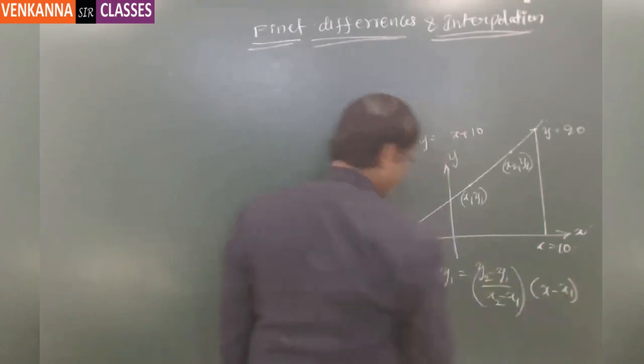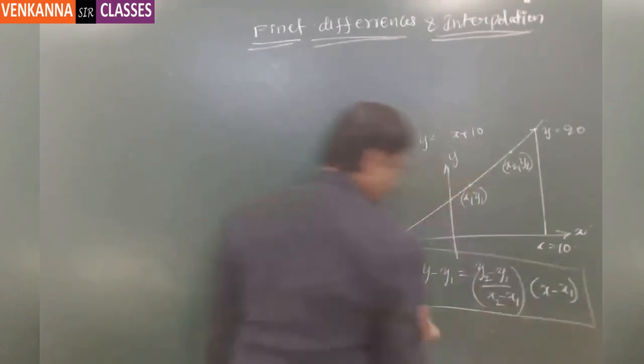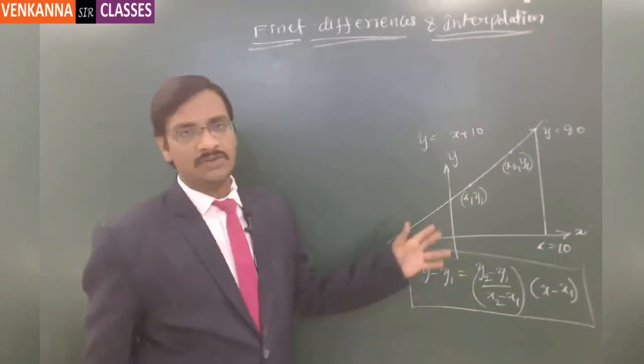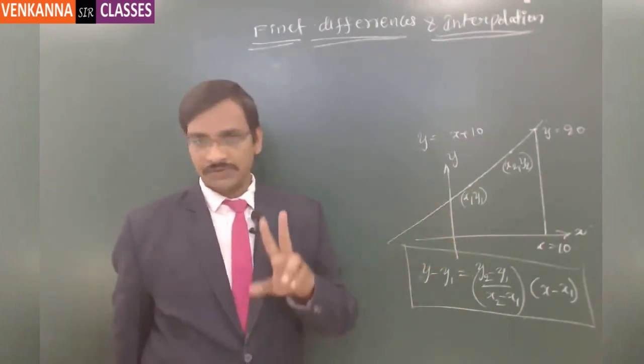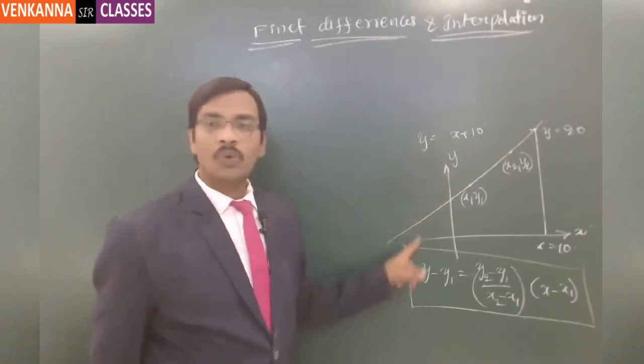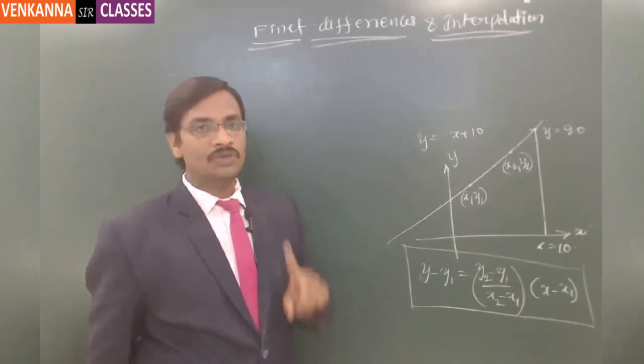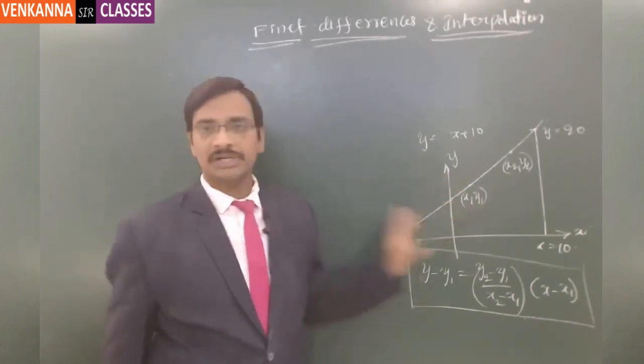This is the relation which talks about the straight line equation. This is a linear equation, so two different points are sufficient to find the value of y for whatever value of x, with the assumption that this forms a straight line equation.